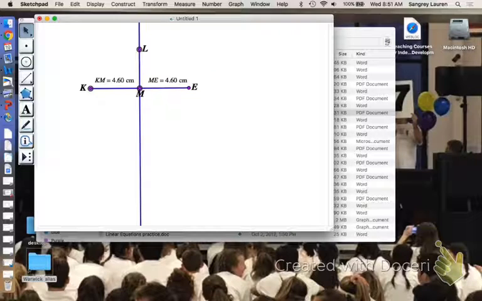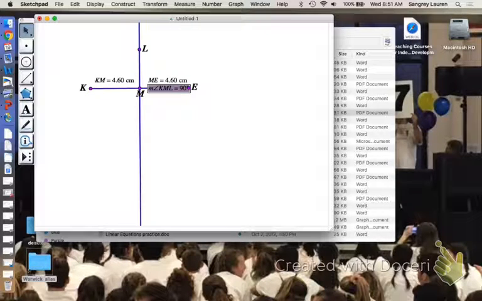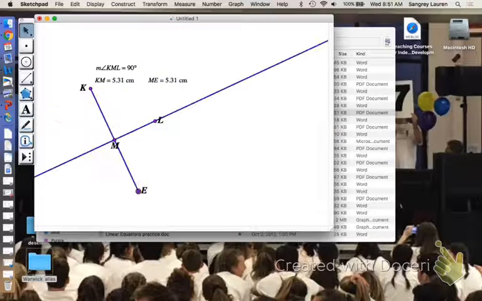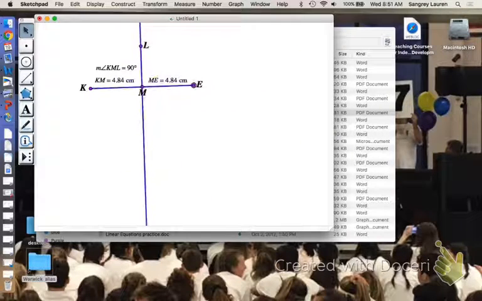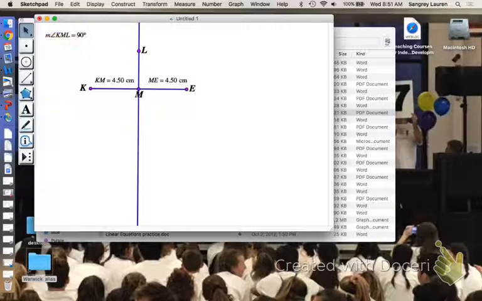So angle KML, I had to click those points in that order. Now I go up to measure angle, and look, it's a 90-degree angle. And no matter how I move it, notice that 90 degrees is not changing. So that's how we know it's a true 90-degree angle. Cool. All right, let me get that out of the way a little bit.